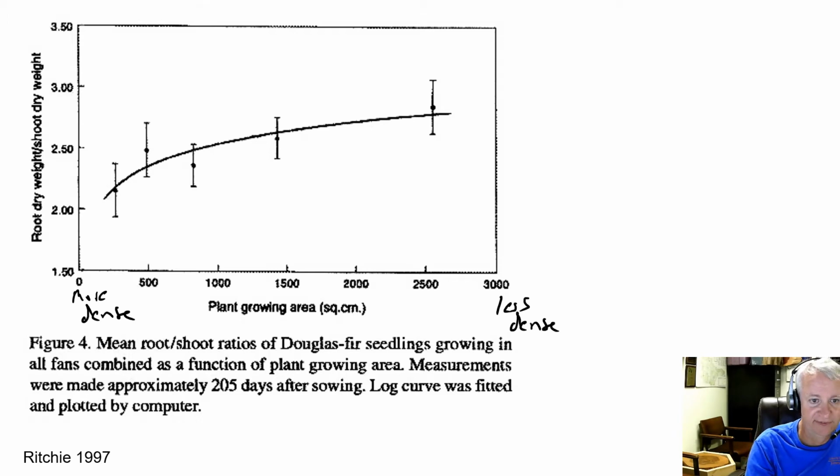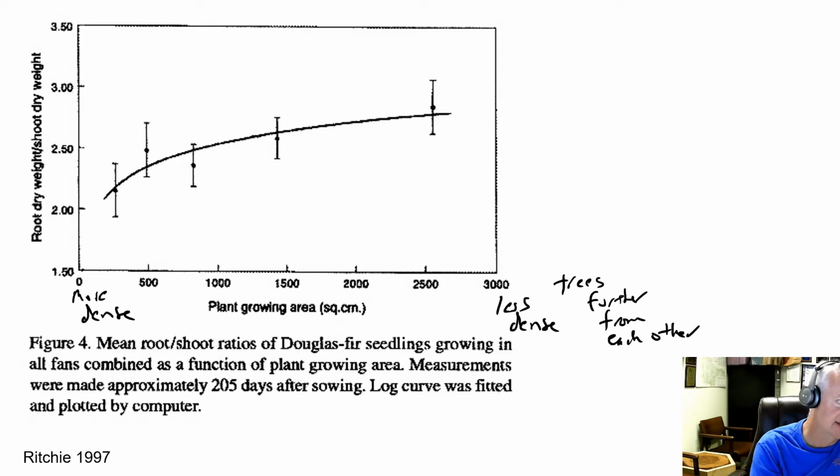So trees further from each other, and trees closer to each other. As you went across that gradient and trees were growing closer to each other, they tended to allocate more biomass towards shoot growth.